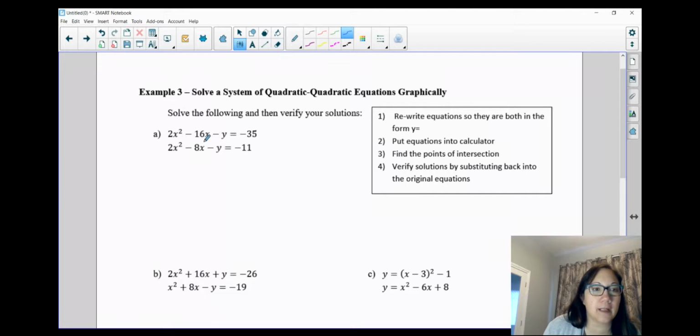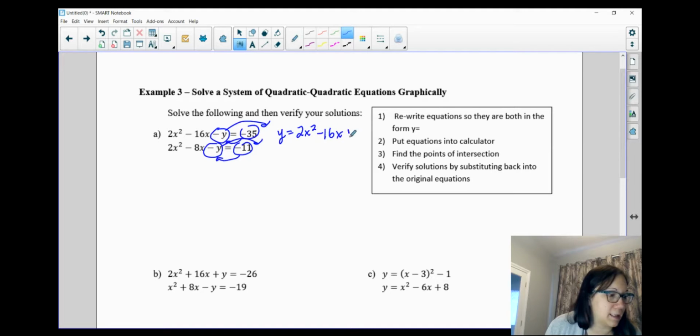Okay, so our first one here, I'm going to move the y, but I also am going to switch the negative 35 over, and same thing here. So we're going to do a little bit of rearranging to get the y's by themselves. So my first, or top one, I'm going to have y equals 2x squared minus 16x plus 35. And in the second one, y equals 2x squared minus 8x plus 11.